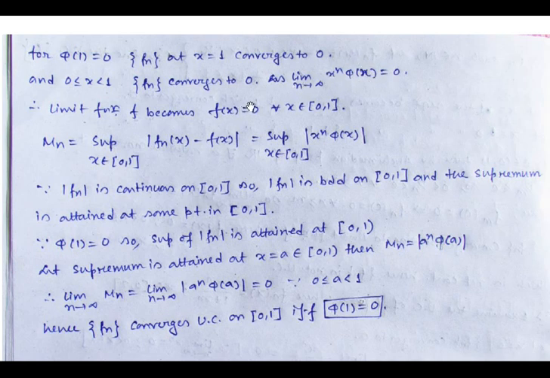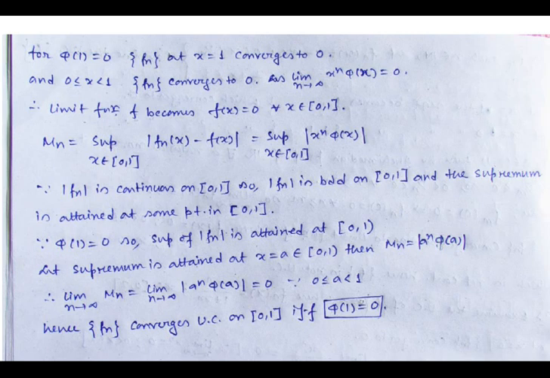So we have applied the Mn test here, and for the Mn test we can see that each and every f_n is continuous over the closed interval [0, 1]. If a function is continuous on a closed and bounded interval, then the function becomes automatically bounded, that we have written here. And if a function is bounded over the closed and bounded interval, then it has the supremum inside the closed and bounded interval.